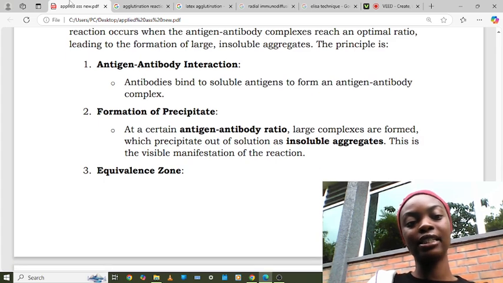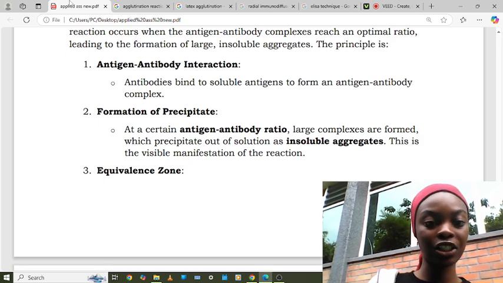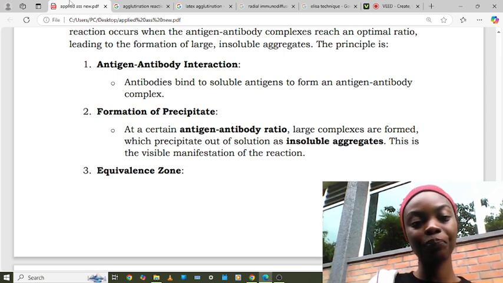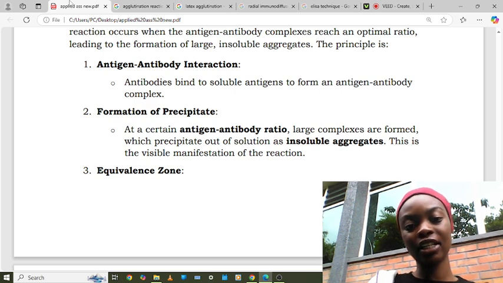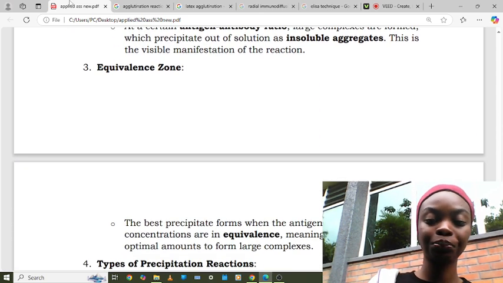This principle is antigen-antibody interaction, as I explained. Formation of precipitates: at a certain antigen-antibody ratio, large complexes are formed which precipitate out of solution as insoluble aggregates. This is the visible manifestation of the reaction.